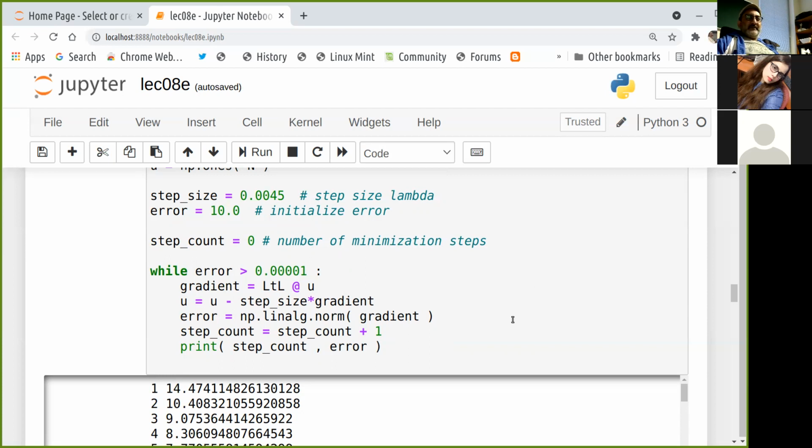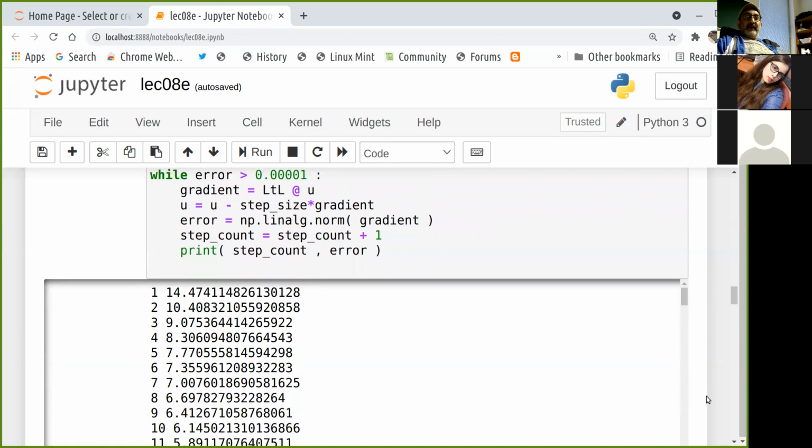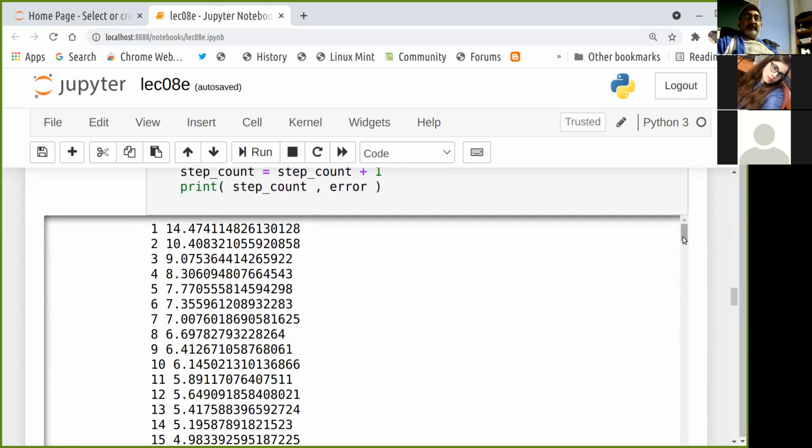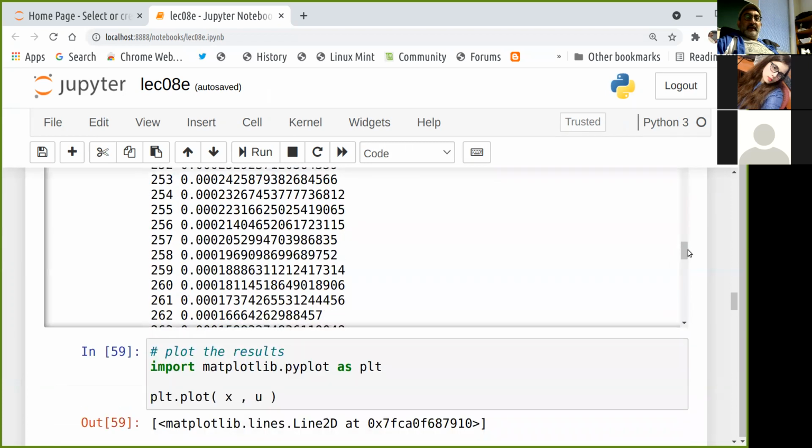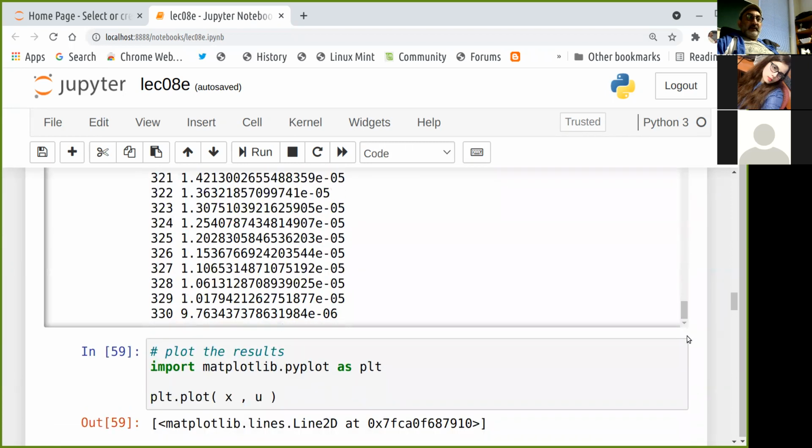You could use other ones, that would be fine. So you count the number of steps. If I keep going until the norm of the gradient is less than, I guess, 10 to the minus 5, then I keep doing that over and over again. And it took like 330 steps to do that.